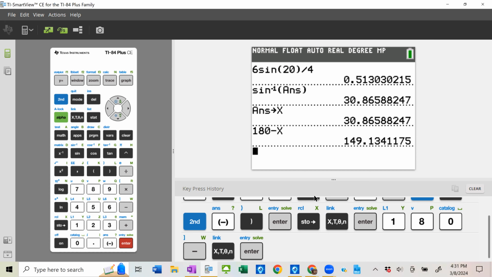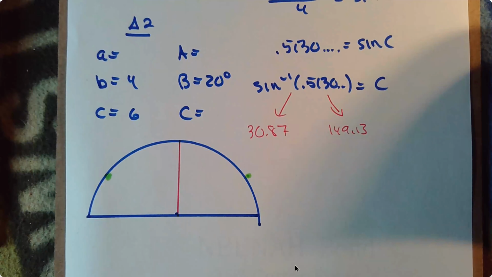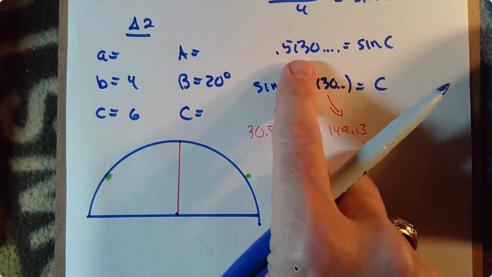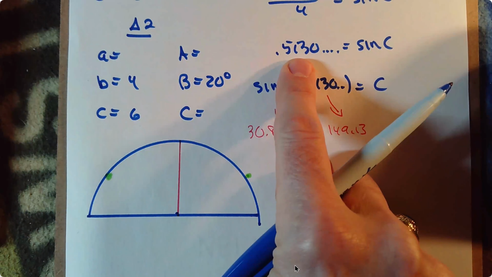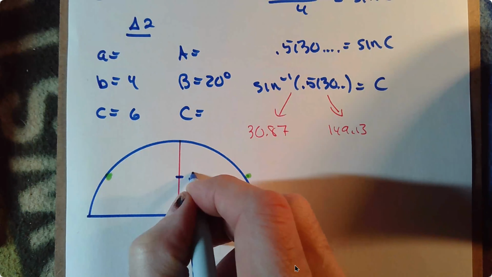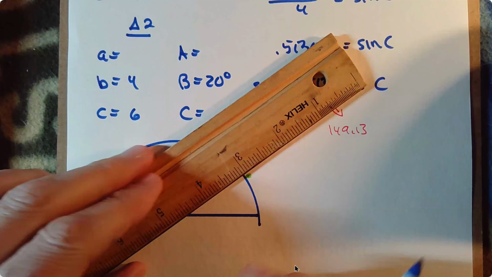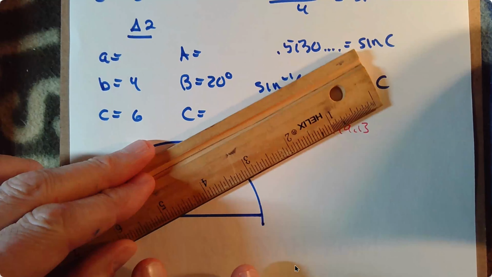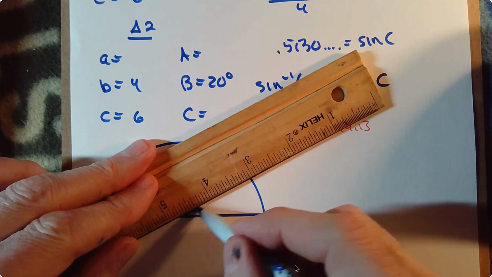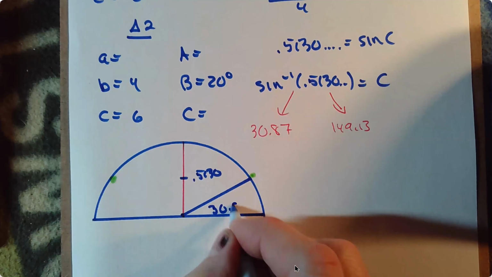Now let's take a look at some of the geometry to try and understand why I'm doing that. So looking at the top half of the unit circle, we calculated that the sine of our angle was 0.5130. The sine is your y coordinate, so 0.5130. And when I took the inverse sine, I found out that this is about a 30.87 degree angle.